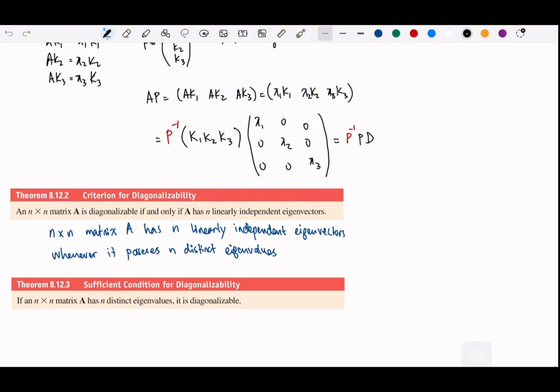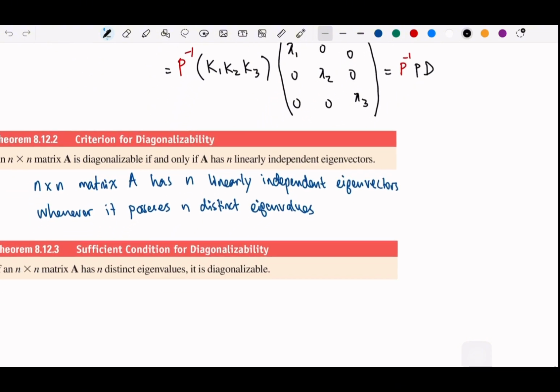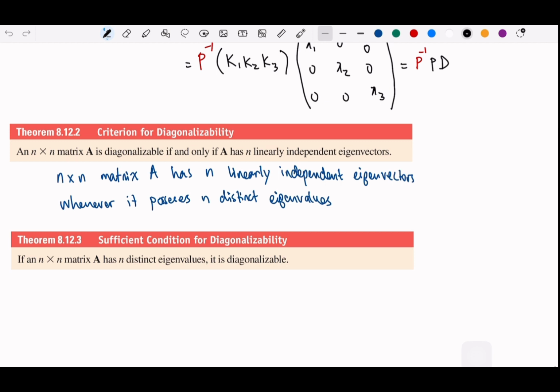And if we have distinct eigenvalues, which means they are not repeated, then it will be diagonalizable. So we can diagonalize the matrix if we have distinct eigenvalues.